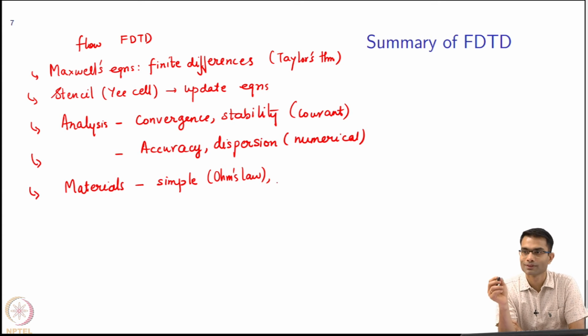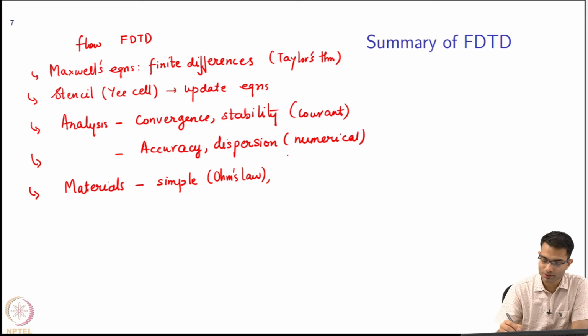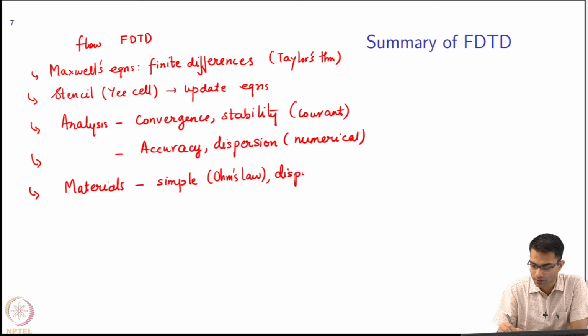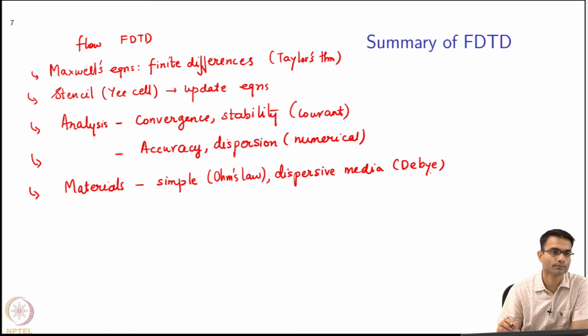We spent a lot of time on this: frequency dependent dispersive materials, and which kind of model? Debye model, right. So, we looked at dispersive media, and in that we took the Debye model.